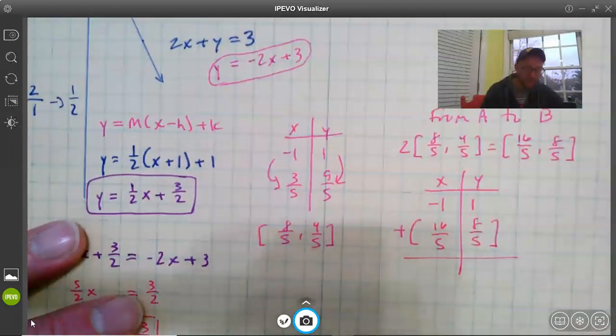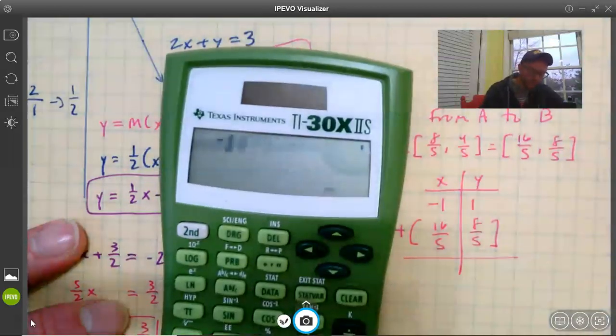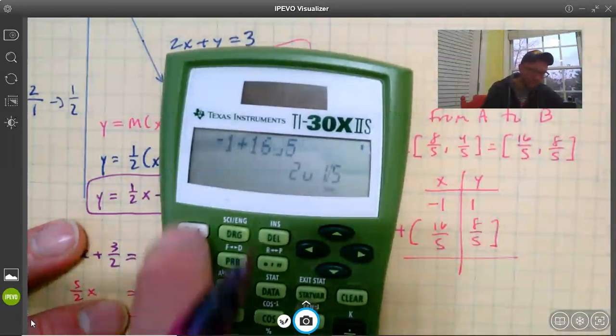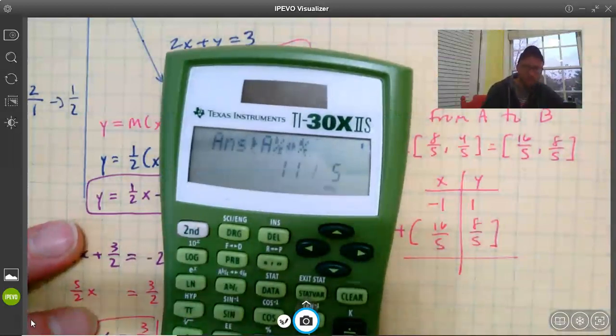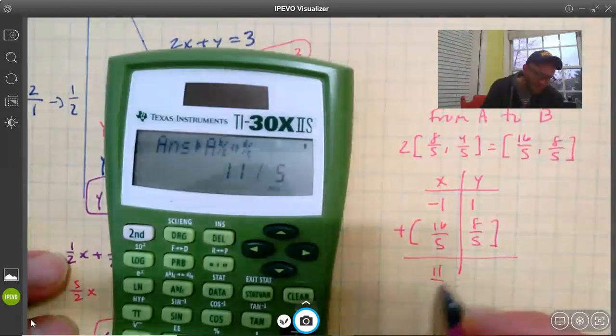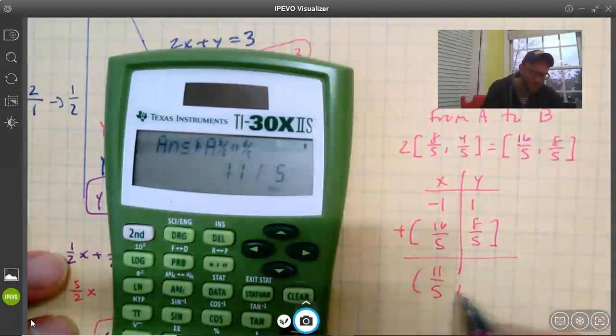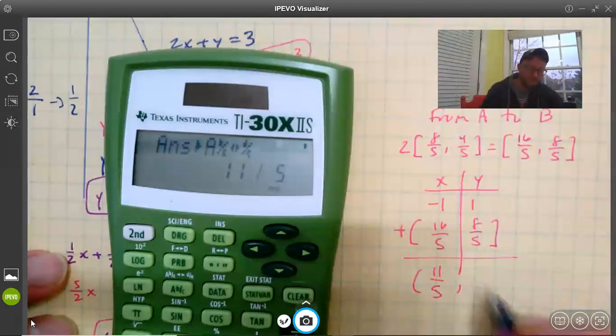We're adding these coordinates. So -1 plus 16/5 is 2 1/5, which is 11/5, comma 1 plus 8/5. Well, let's see, 1 is 5/5 plus 8/5 is 13/5.